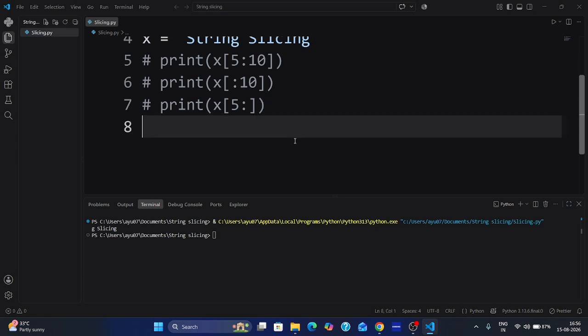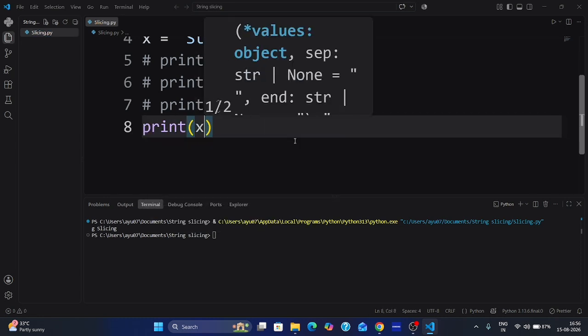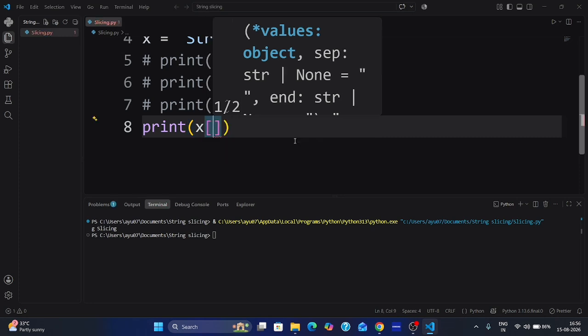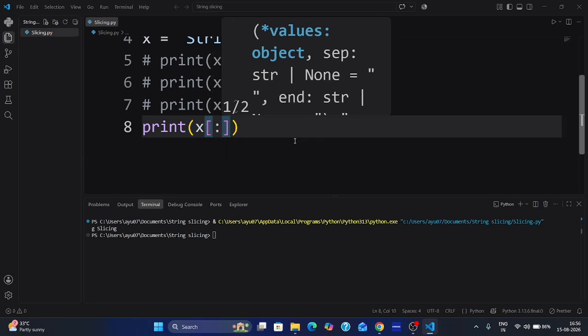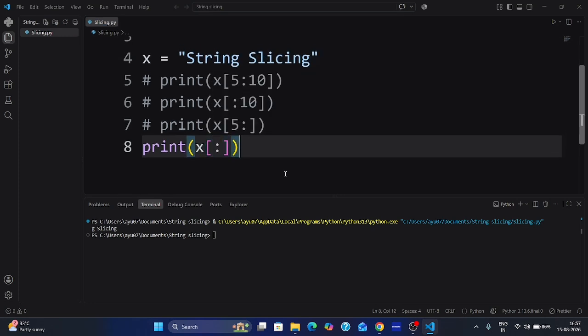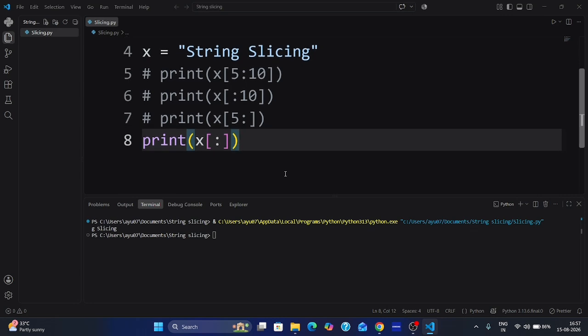Let's see one more example on this. What if I use only colon here? So what will it print? I won't tell you yet, but think about this. After that, I will tell you the answer. This is very interesting. If anyone puts only colon here, what will it print? Think about this first. After that, I will tell you the answer.